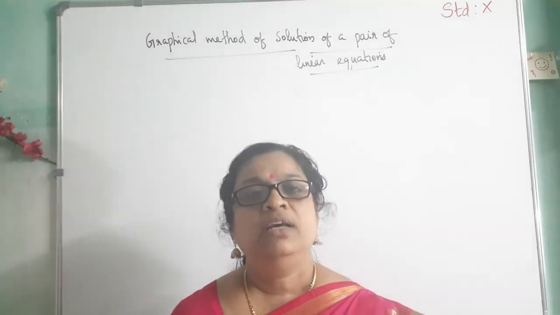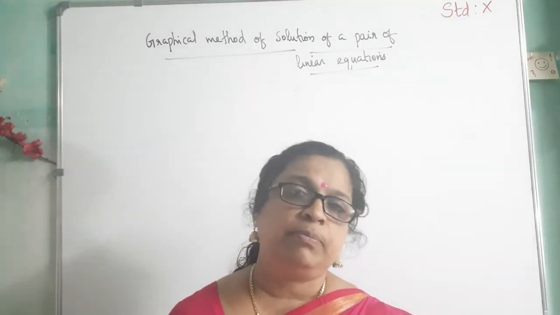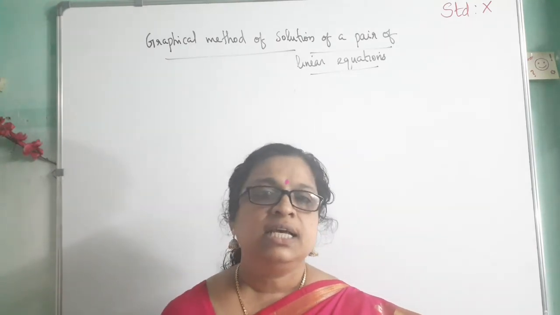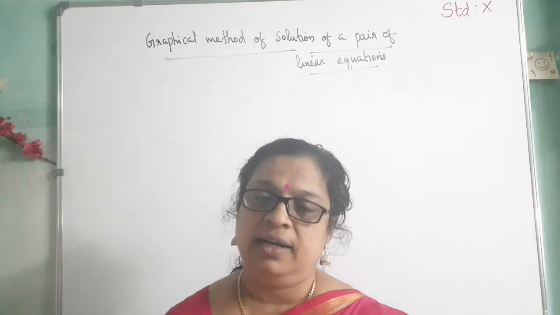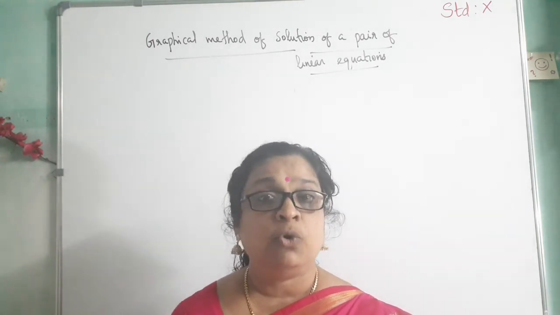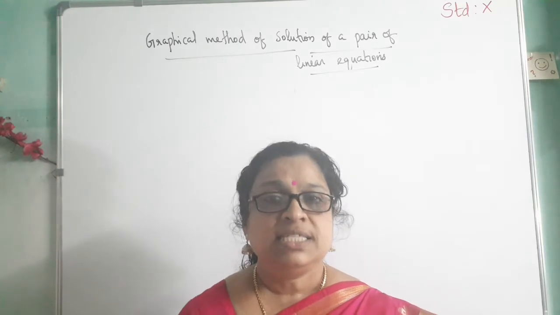Now we know that when representing a linear pair of equations graphically, we get two lines. Sometimes the lines are parallel, sometimes they intersect at a point, and sometimes they are coincident, meaning they represent the same line.